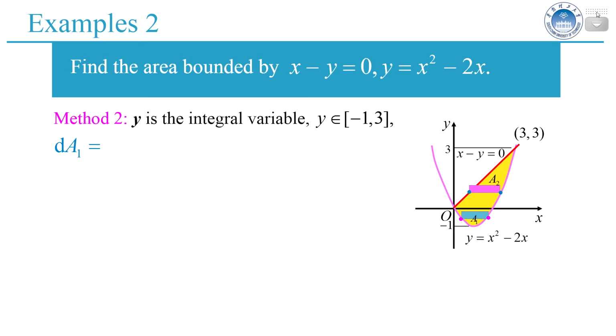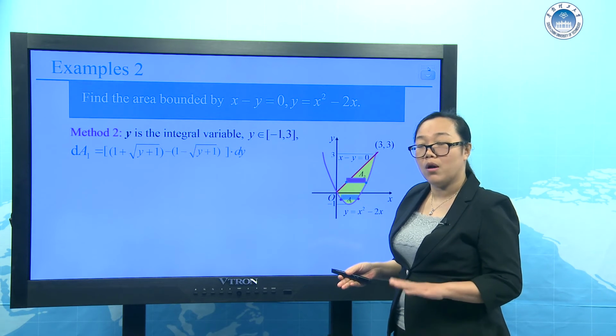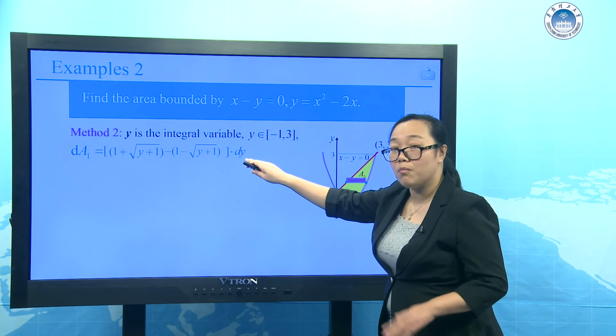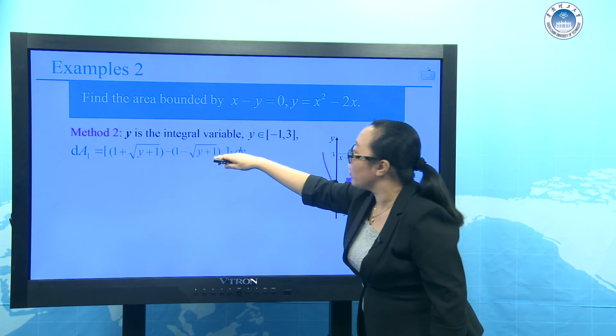A1 is from -1 to 0. So for A1 we can get the first x minus another x, bracket times dy. Because y is our integral variable, you cannot write dx. You must write dy. y is our function variable.